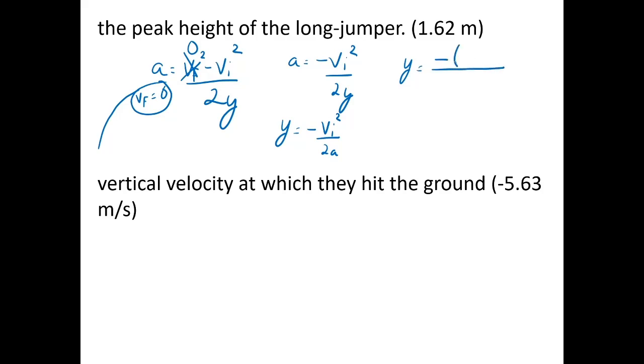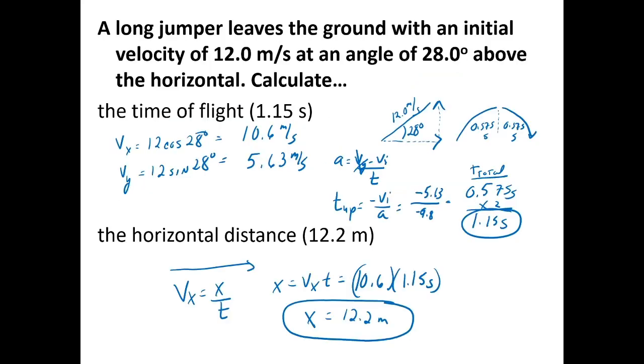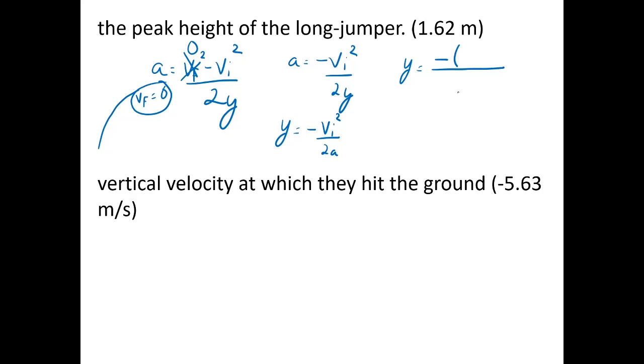Now we need the v initial, but in the y direction, and I have to remind myself that was 5.63, all over 2 times negative 9.8. Oops, and I don't get to square it. And just eyeballing these numbers, 5 squared is 25. 2 times 9.8 is about 20.